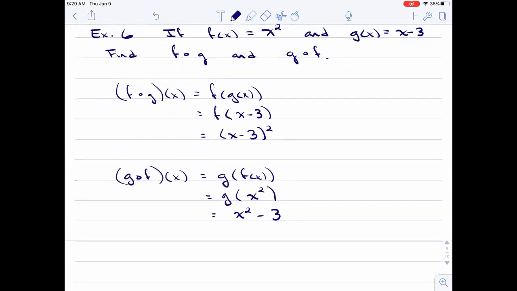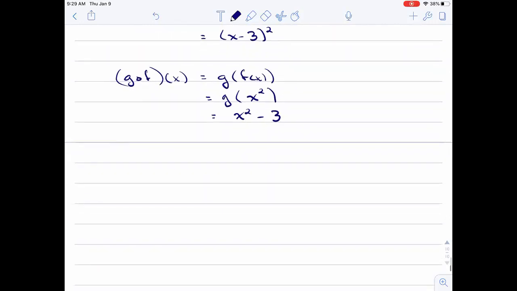Here, it's pretty clear that x minus 3 all squared is not the same as x squared minus 3, right? And so clearly f composed with g of x is not equal to g composed with f of x, which we already said, but it's nice to see some proof in the pudding.